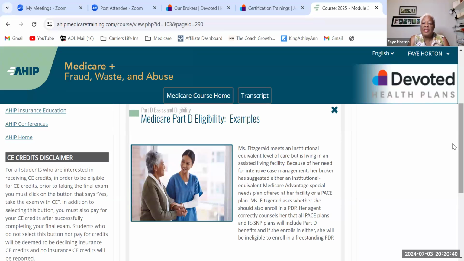Ms. Fitzgerald asked whether she should also enroll in a prescription drug plan. Her agent correctly counsels her that all PACE plans and institutional equivalent SNP plans will include Part D benefits, and if she enrolls in either, she will be ineligible to enroll in a freestanding prescription drug plan.